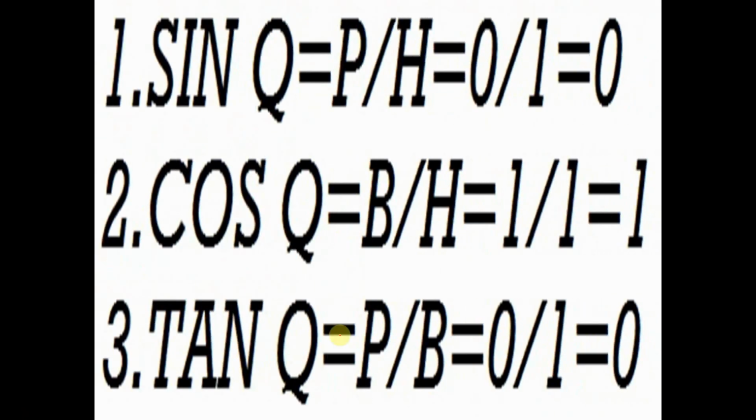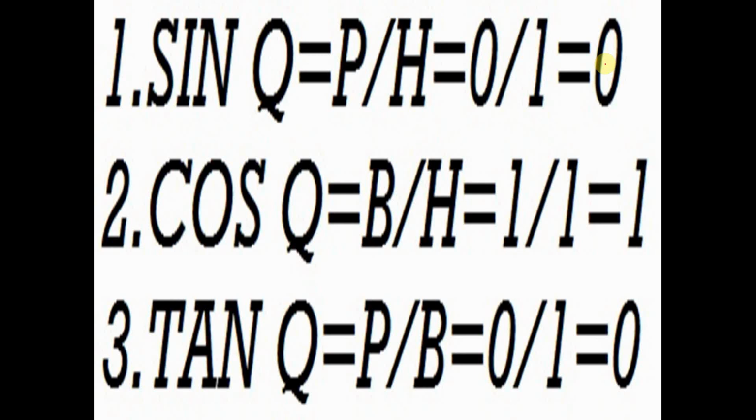The first formula, sin theta is P by H. The P value we have taken is 0 and the H value we have taken is 1. So 0 divided by 1, the answer, the value of sin theta for the 0 degree will be 0.